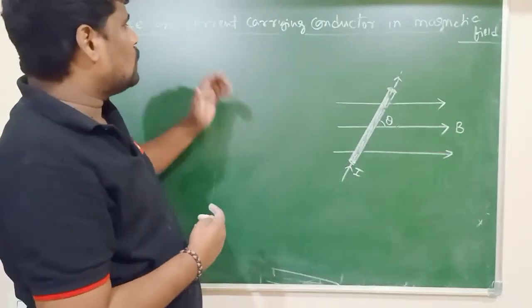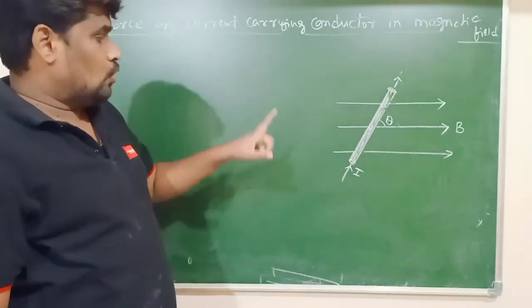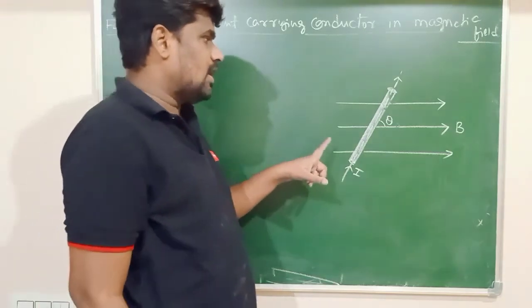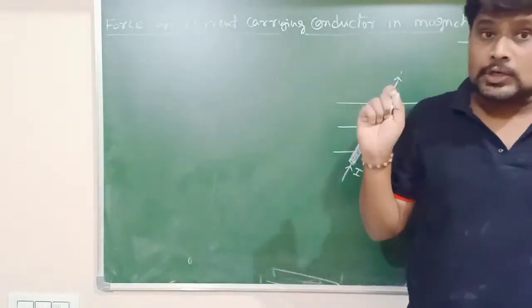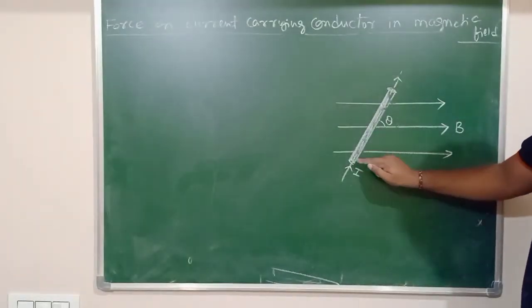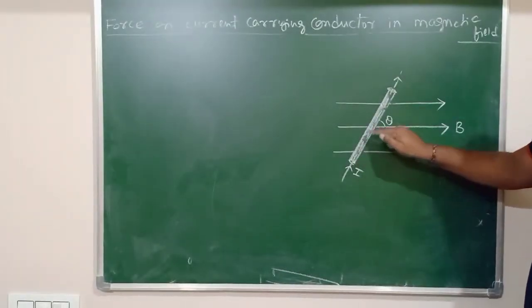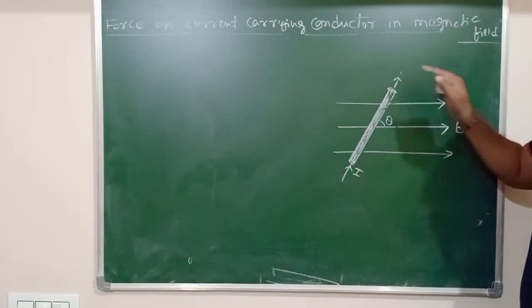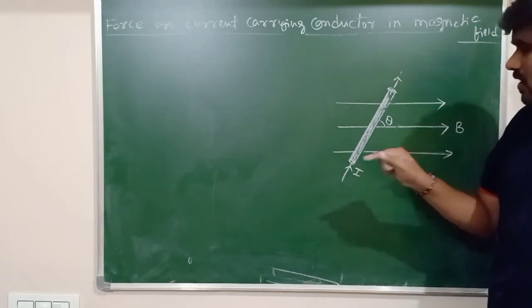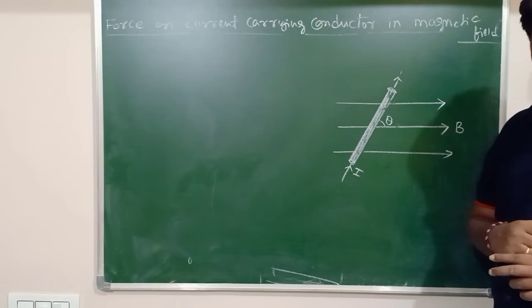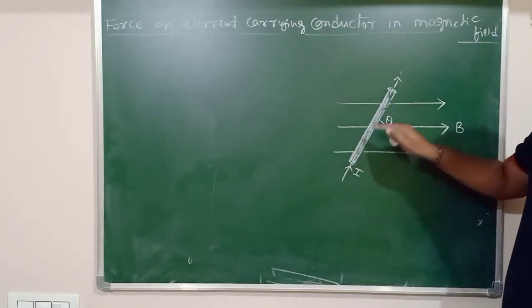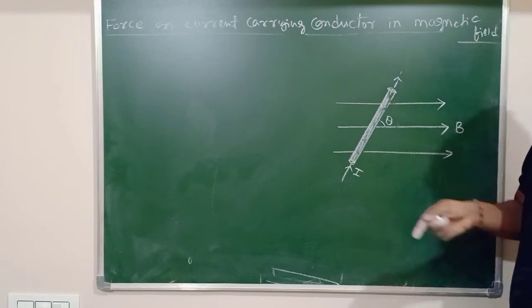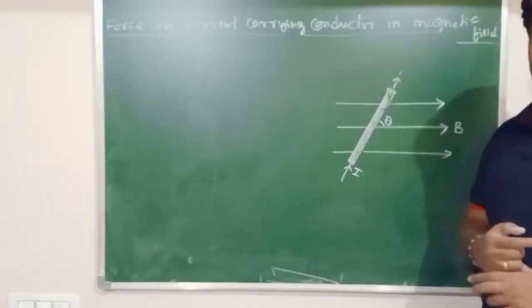Then what is the total force acting on a conductor? Total force acting on a conductor is equal to the total force acting on all the charges which are flowing in the conductor.